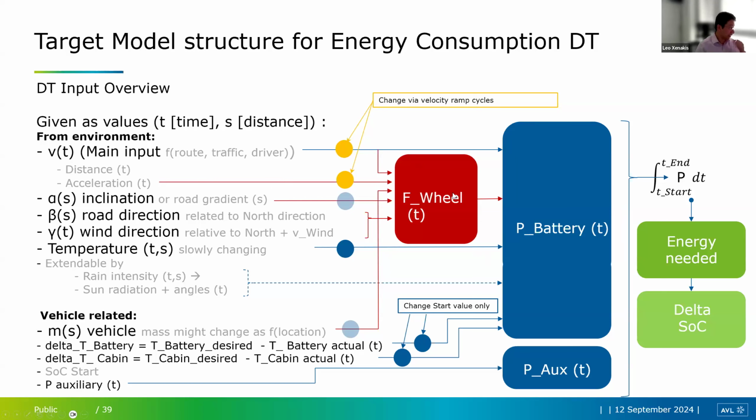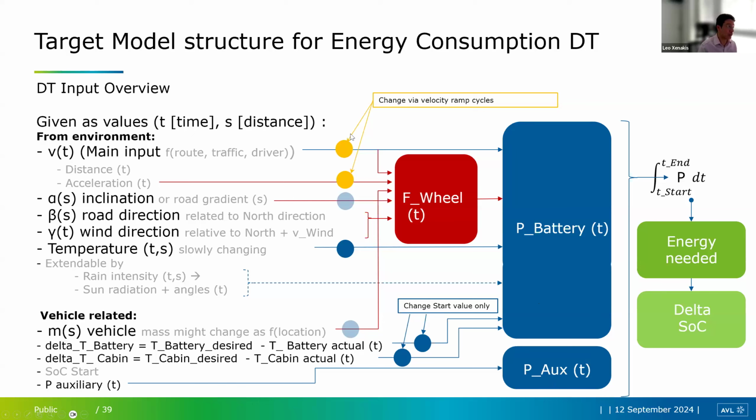This is just physics. So this is an internal calculation. And then some of those inputs which are put in here are also put into the model for the power that's consumed by the battery, and also the power that's consumed by the auxiliaries.